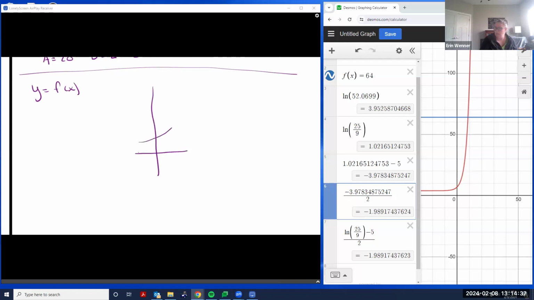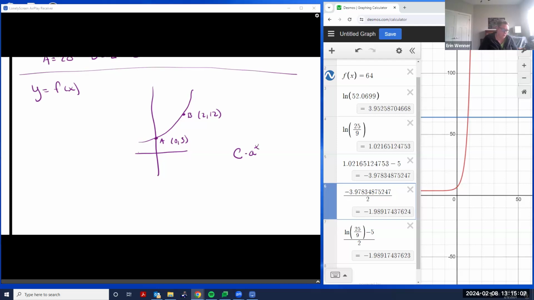Looks like that. And they gave you 2 points, A and B. And they told us that A is the point (0, 3) and B is the point (2, 12), right? And it says, give a possible formula of the form C times A to the X for the function.